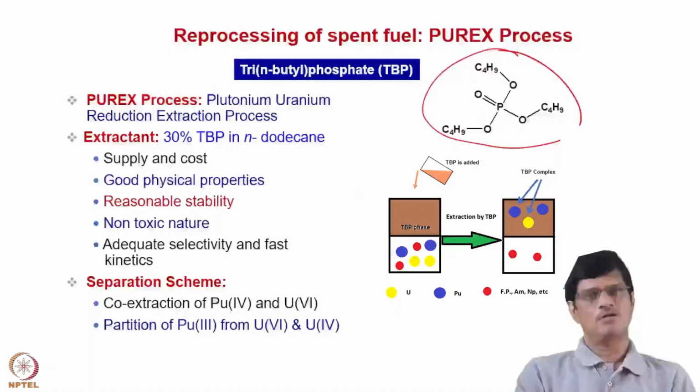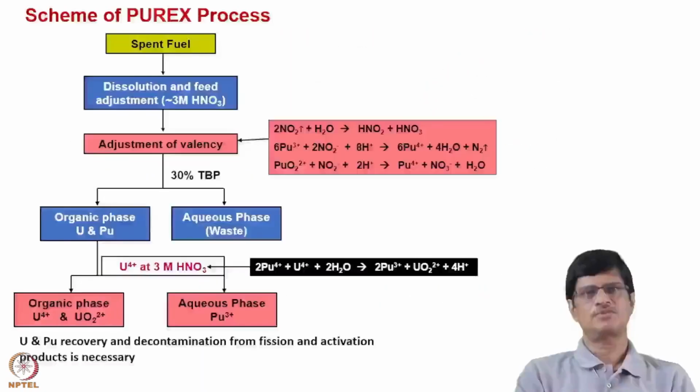TBP is non-toxic and it has a very low cost. In view of these several good physical properties, this TBP has been used in reprocessing plants worldwide for the last several decades. And also one of the major advantages of the TBP is that the decontamination factors for fission products are very, very high.